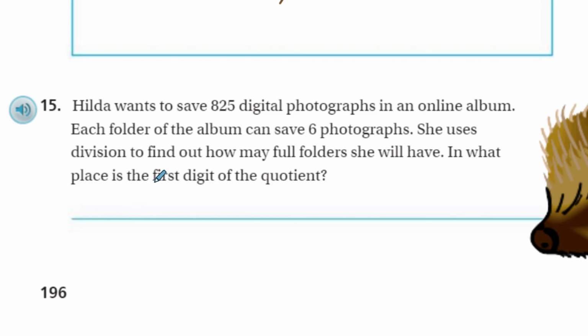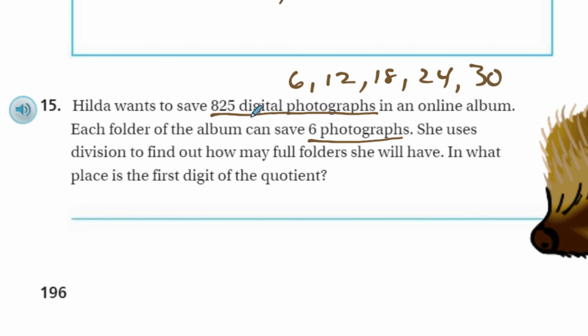Okay, well, 825, pretty large number in the hundreds place. And then we have 6 photographs on each one. So if you're doing multiples of 6, 12, 18, 24, 30, it's going to take a long time to get up to 825. So obviously we're going to need a lot of folders.